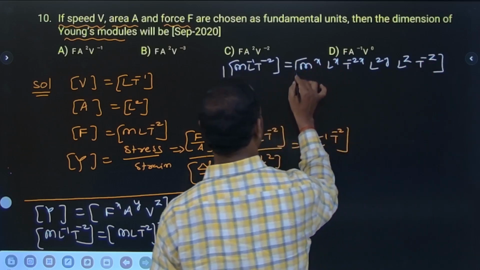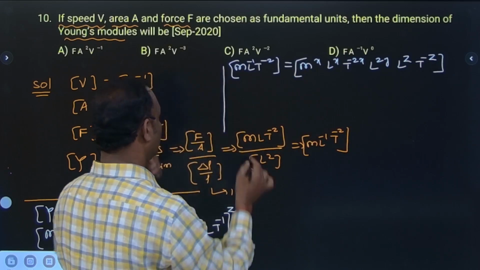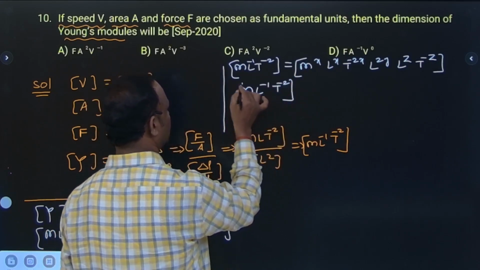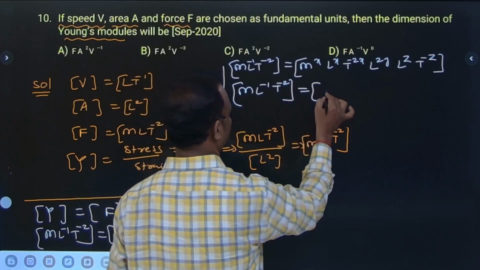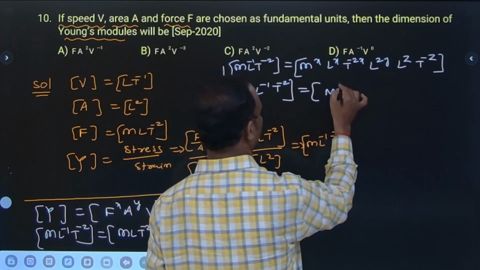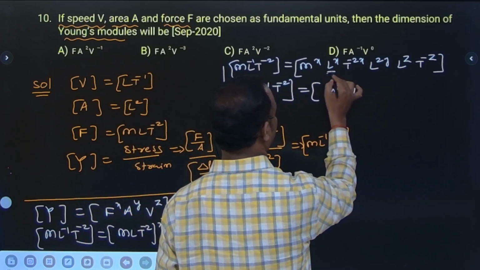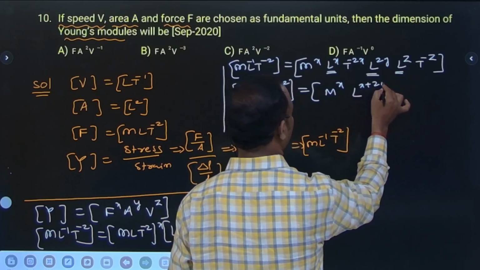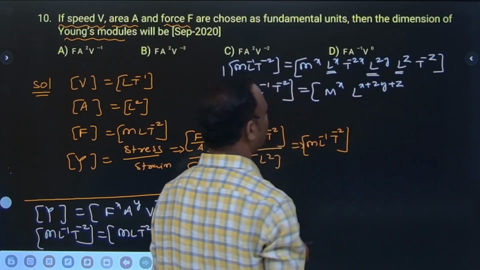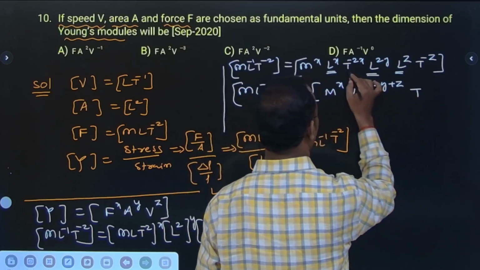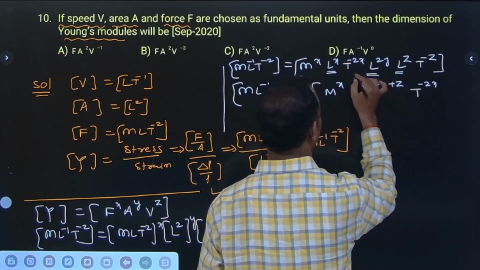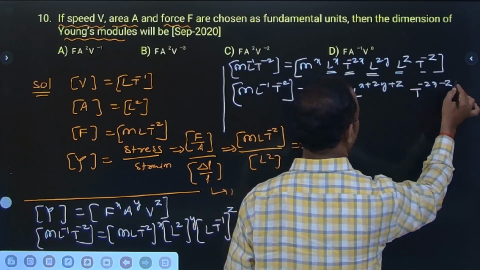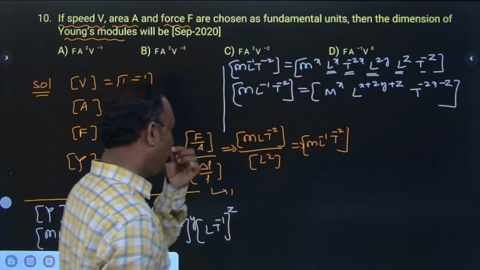So this is ML minus 1 T minus 2 equal to M to the power x, L to the power x plus 2y plus z, and T to the power minus 2x minus z. That's it. Now compare the terms.